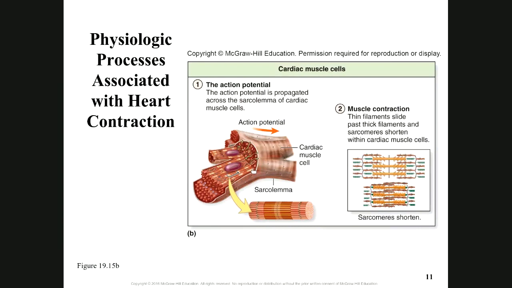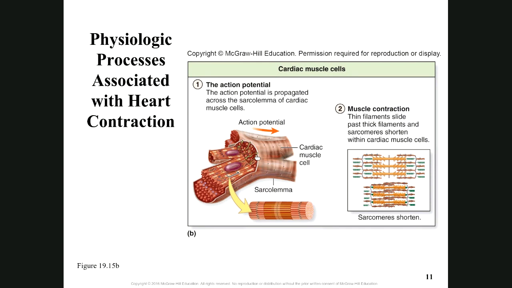Between the cells, we have intercalated discs, and the intercalated disc contains gap junctions and desmosomes, and through the gap junctions, the information of action potential can go cell by cell, and all parts of our heart can go to contraction at the same time.